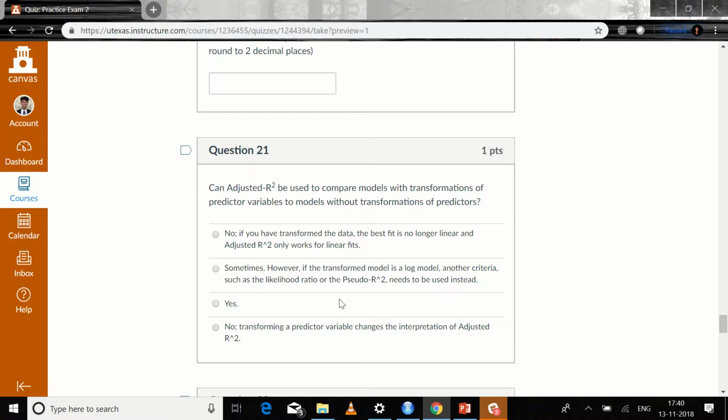No, you look at the assumption. There are obviously other methods, like pseudo R squared. You can use your AICs and BICs.